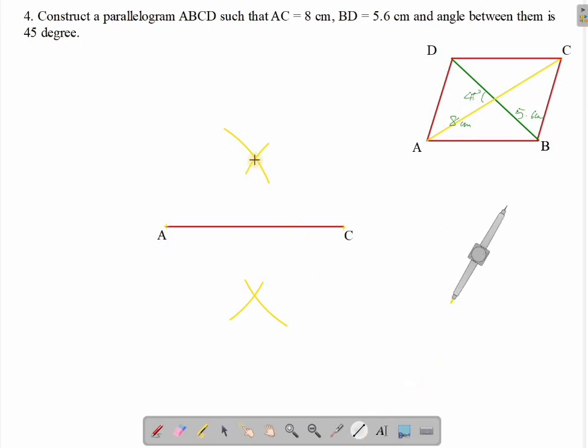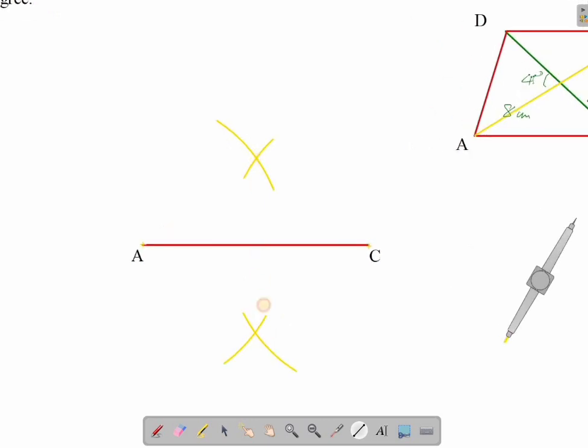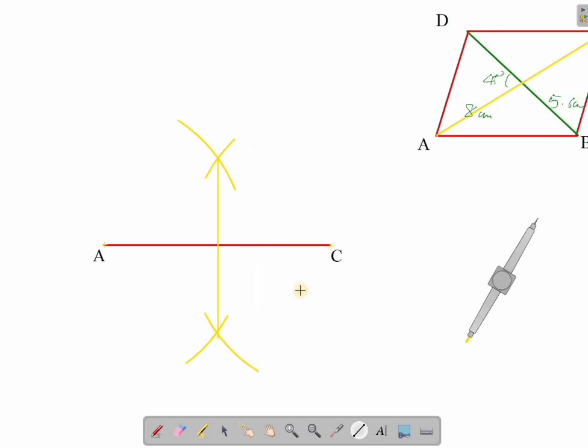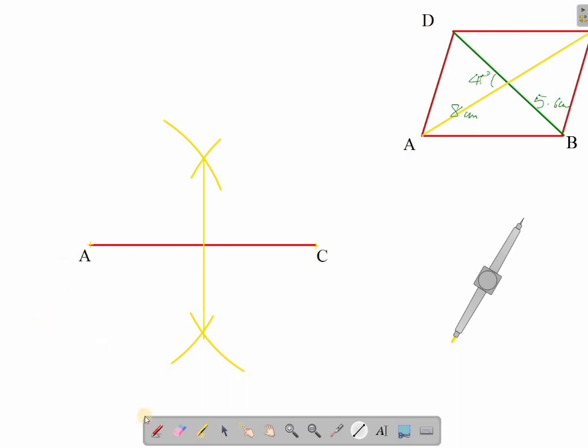So we will be joining. Yes. So now this is the midpoint. Let me call the midpoint to be point O. Okay.